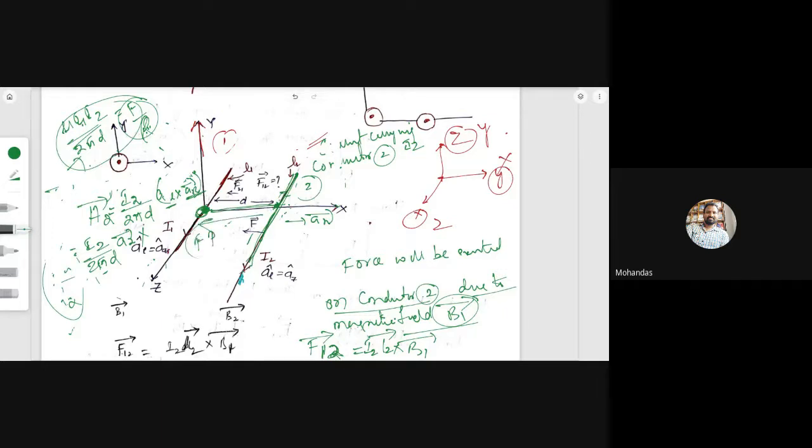The field point is in this direction. Which unit vector is in this direction? Minus AX. So I have written I2 divided by 2 pi D into AZ cross minus AX. Got the point? Doubts may come here. If it is clear, then everything will be clear.